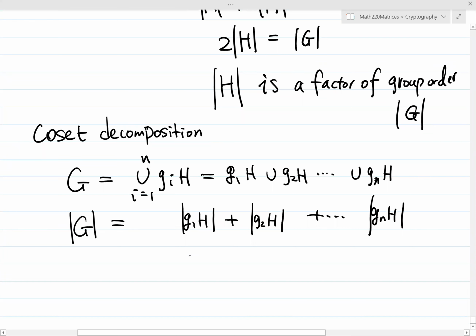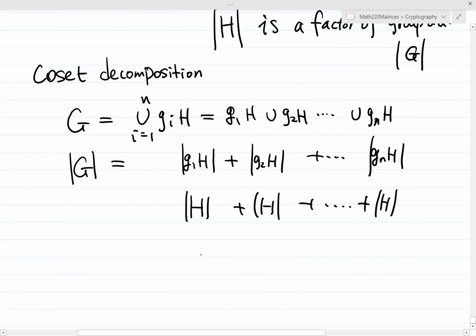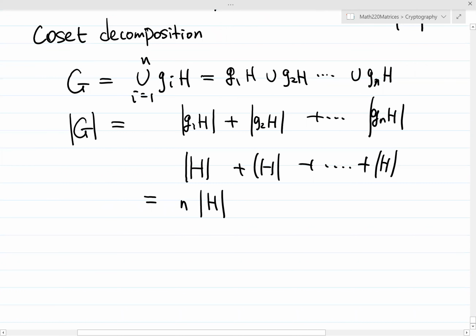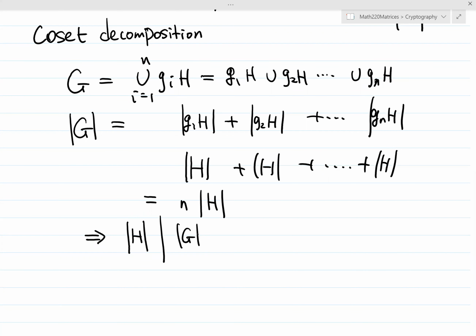So this is |H| plus |H| and so on. So this is n times the order of the group H. So we see H is a factor of G. So this is the Lagrange theorem: the order of a subgroup is a factor of the group order G.